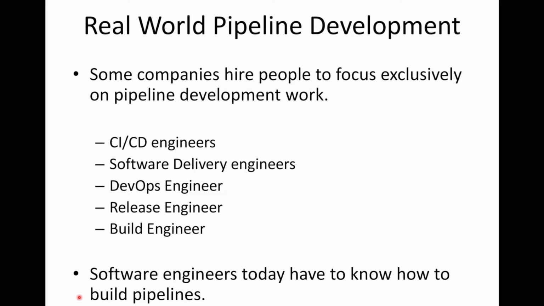There are some weeks where I might spend 50 to 75% of my time working on pipelines. So software deployment pipelines are just a really critical part of the software development and software delivery lifecycle today. You really can't build a modern application anymore without having some sort of automated pipeline in place.